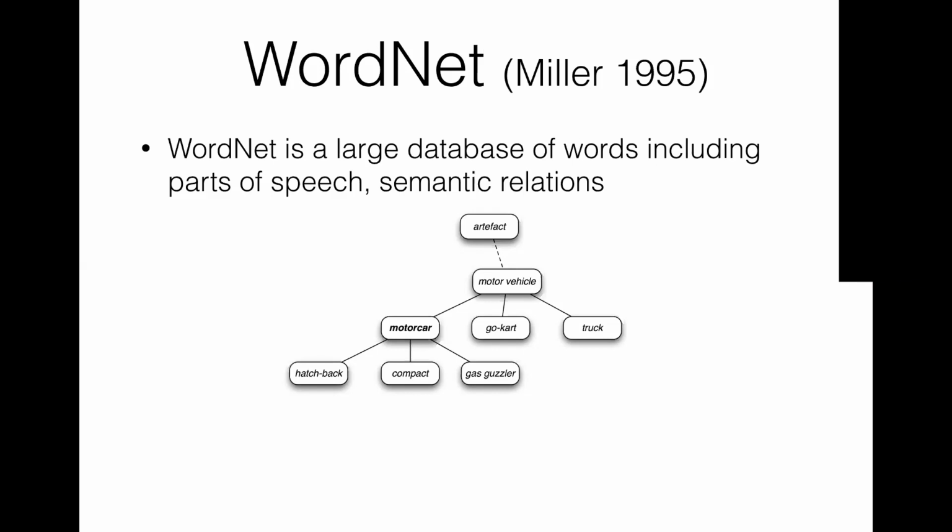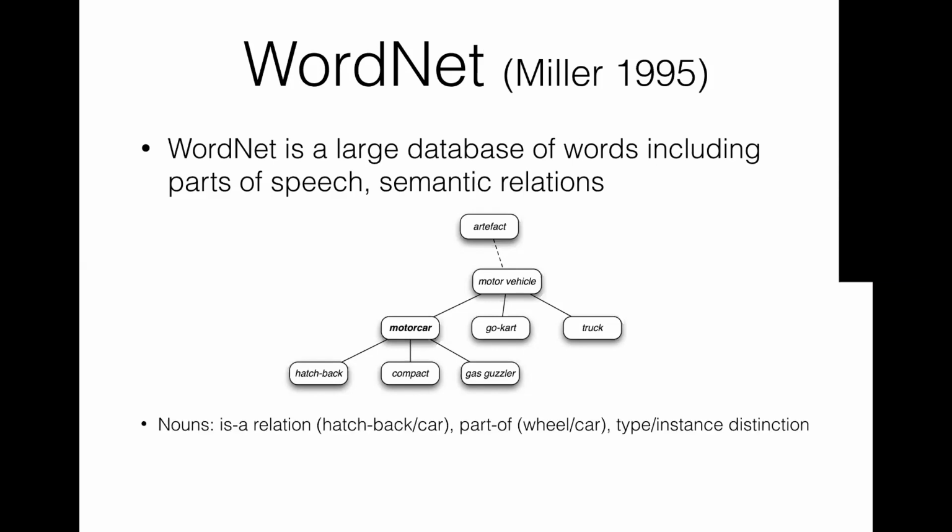And the connections take different forms based on the part of speech tag assigned to each word. For nouns, there is a relation. As you can see there, well, you can't really see, but hatchback and car are connected by a relation. They also have part-of relationships and some type and instance distinctions. There are also verb relations, so the words can also be verbs, and they're connected.